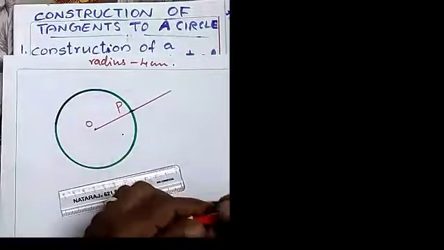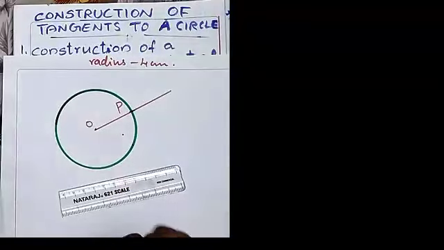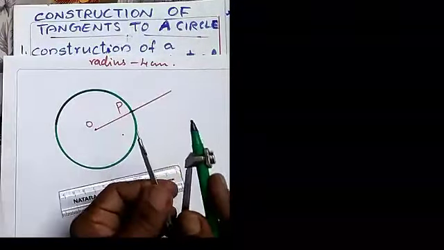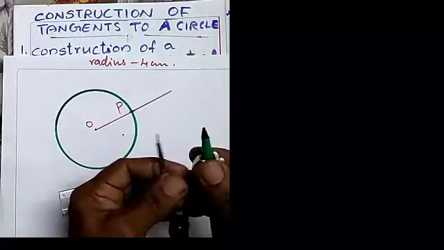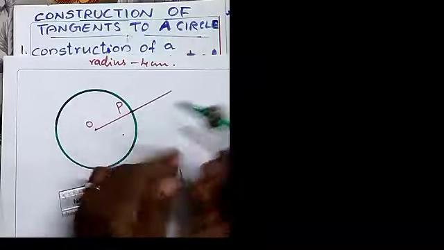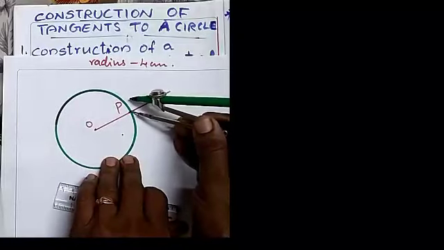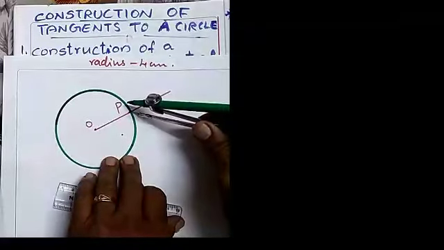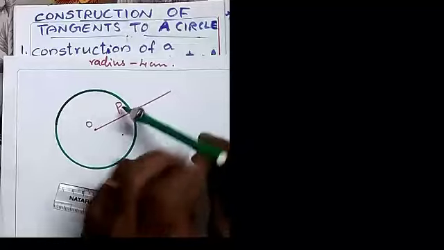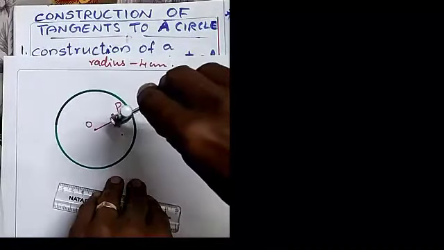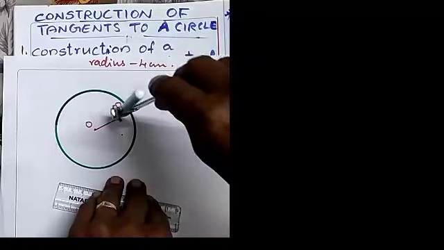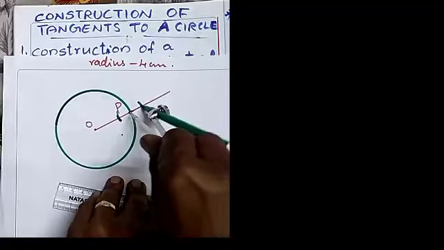Perpendicular construction you have already studied. Again we take the compass, take any convenient smaller radius, and with the metal tip at P, that is, with P as center and any convenient radius, draw 2 arcs on both sides.